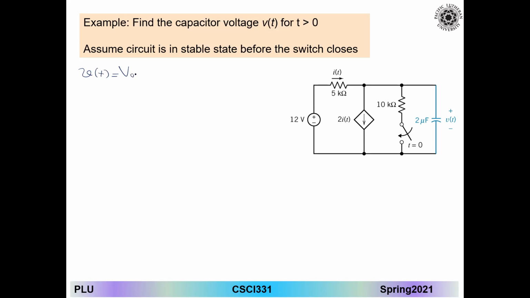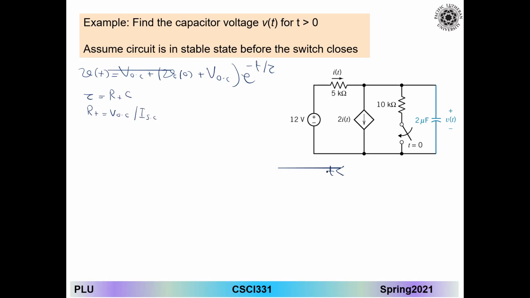It will be V open circuit plus V of 0 minus V open circuit, times exponential of minus t divided by tau. And tau equals R Thevenin C, and R Thevenin, just to let you know, is V open circuit divided by I short circuit.